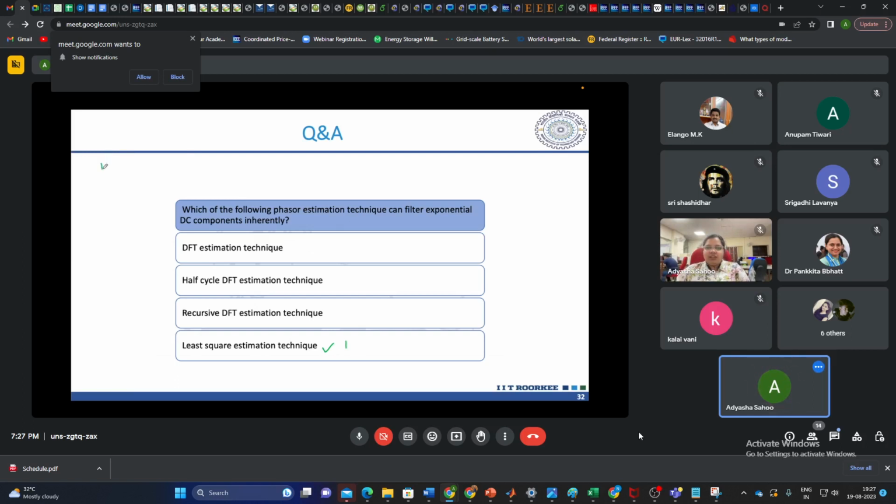Basically, this sample, let's say you had some fundamental, plus some third harmonic, cos of 3 omega t plus phi 3, and plus, let's say, some DC component, right?